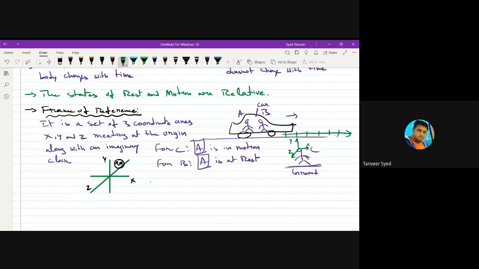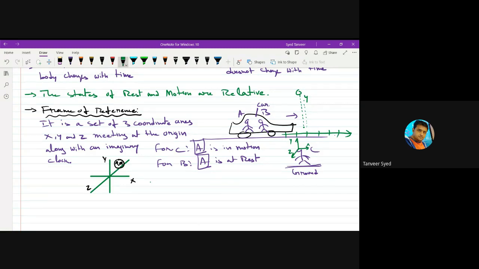Or if C, instead of looking at this car, is observing a stone which is falling from a certain height, then what does C see? Person C sees that the y coordinate of this stone is continuously changing with time. Then he will say that the stone is falling, or the stone is moving, right?